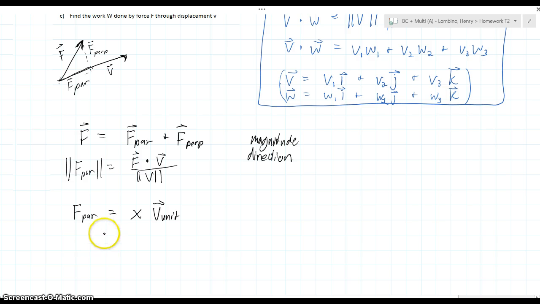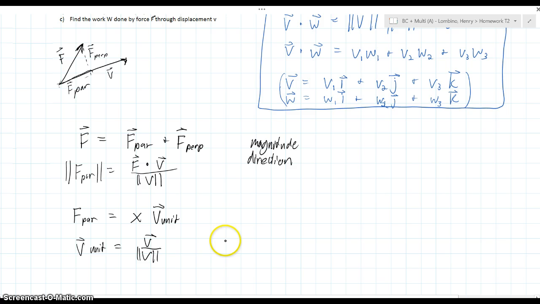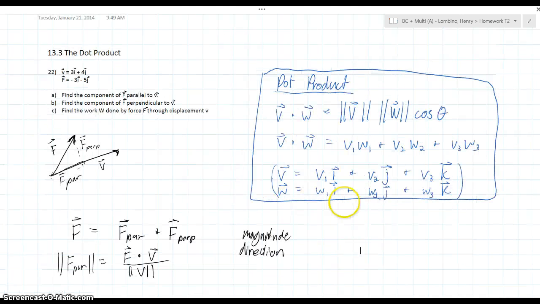So let's solve for this. What's the v unit vector? v unit is going to be equal, by definition, to v over the magnitude of v. We know v equals 3i plus 4j.